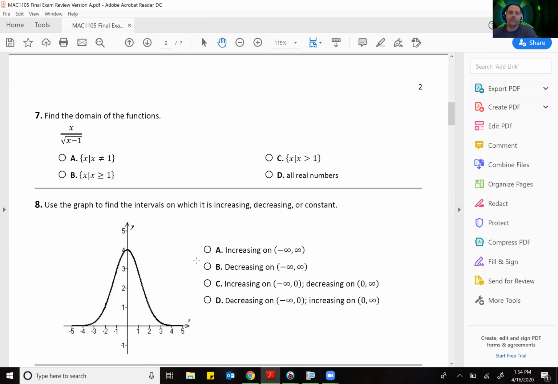All right, so if you remember from class, when we find domain, we always assume what in the beginning? All reals. That's right. Unless we have what? A radical or irrational.